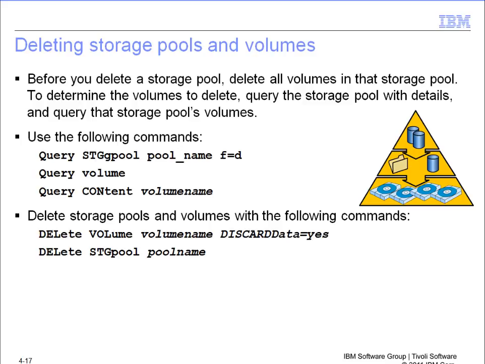Once you've removed or moved the data from your volumes, you can delete the volume and say discard data equals yes, because in this case, let's say you've removed the good data with the move data command. Anything left on this volume you want to discard. Then you could also delete the storage pool if you needed to. You can't delete a storage pool that has volumes with data.